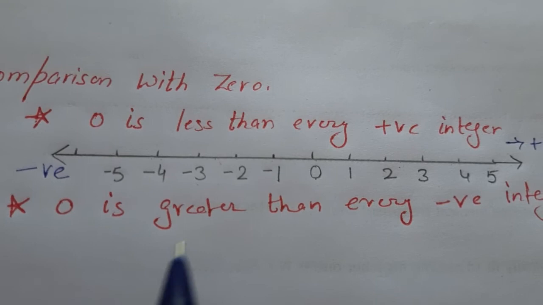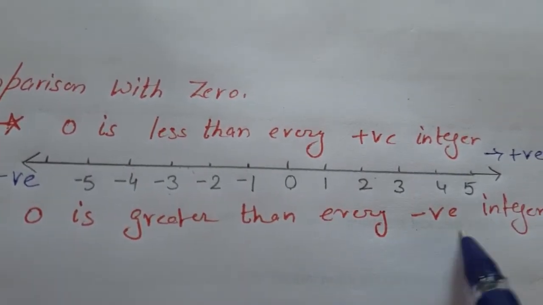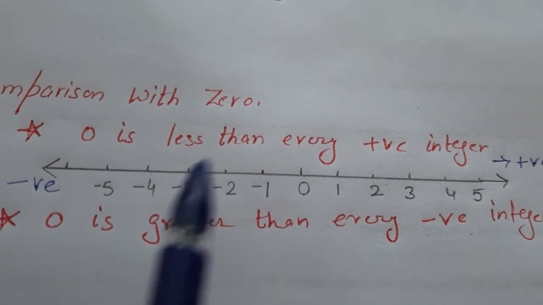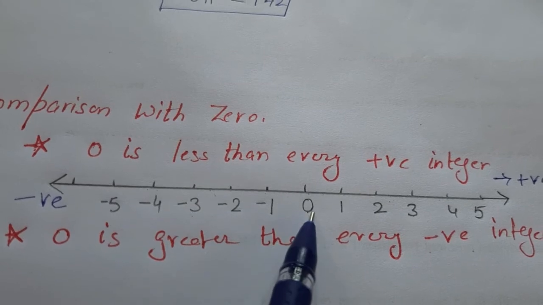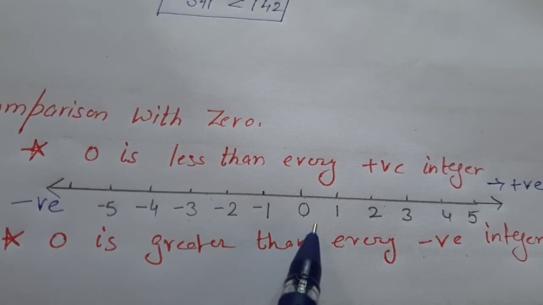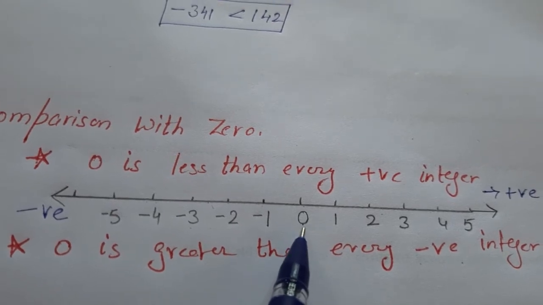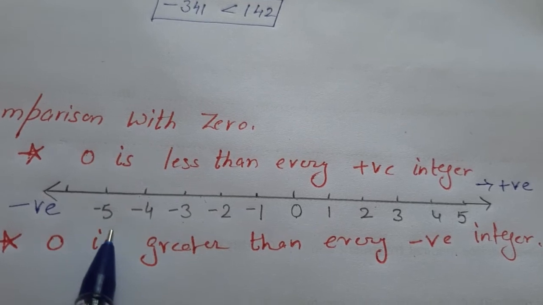The same way, 0 will be greater than every negative integer. How? Let us see on the number line. When we move on the number line towards the right side, the numbers keep on increasing. It means 0 is the bigger number than all the negative numbers.